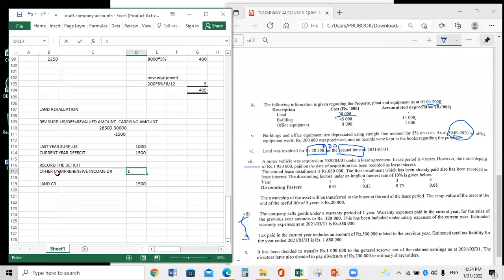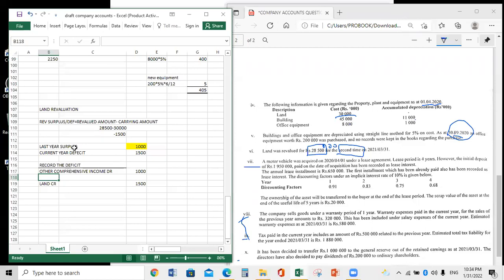By 1,000, because the maximum you can take is only 1,000. Last year surplus is 1,000, no guys. So out of 1,500, if you can only take 1,000, then guys, what is the balance? 500.